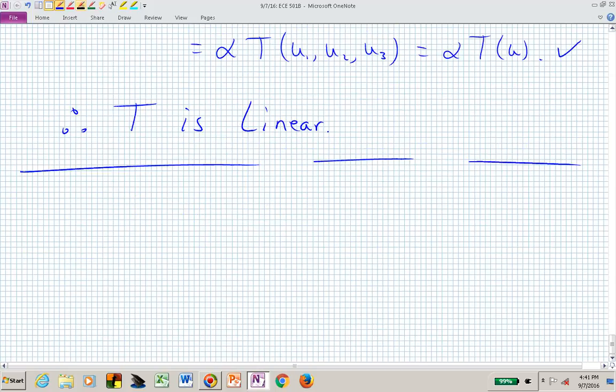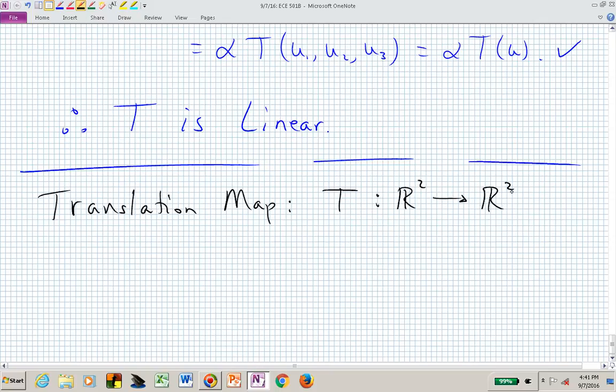What if I give you another map that I will call the translation map? So now we're having a map T between R2 and R2.